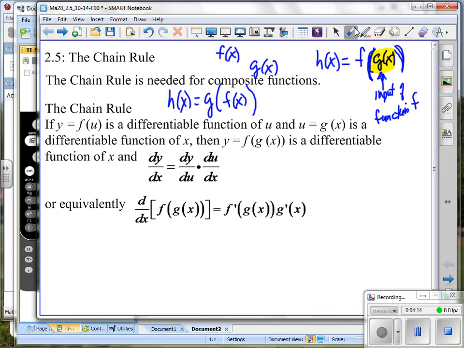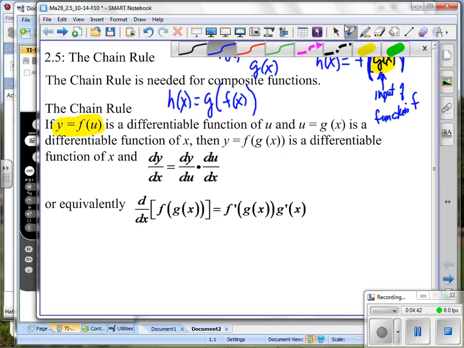Let's go on and let's see if we can figure some more information out here. The chain rule says that y equals f of u. Now let's just look at that for a moment. Y equals f of u. What is the input in this statement right there? Yeah, okay. U is the input. What's the output?